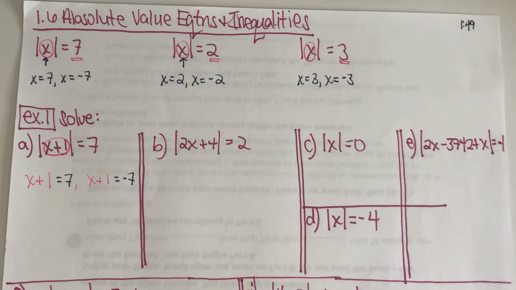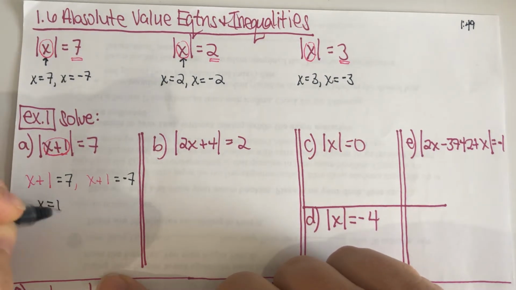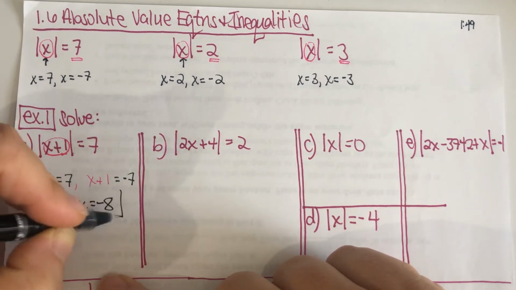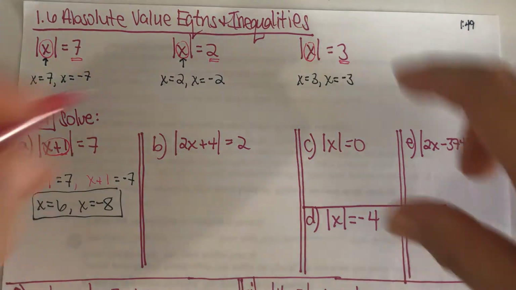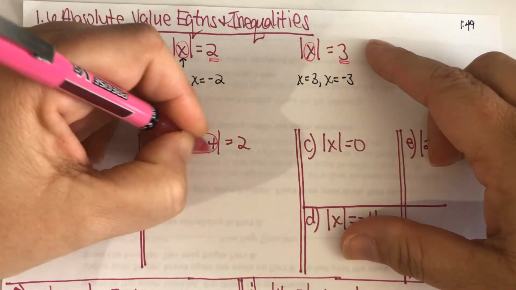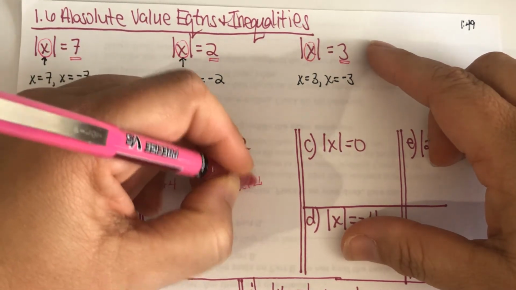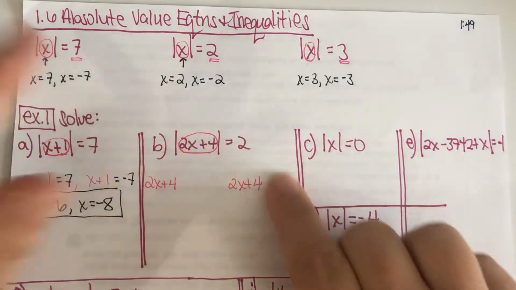Okay, so that's the first step, and that's really the only step that requires much thought, because from here I'm just going to subtract 1 from both sides, yeah? And subtract 1 from both sides, and then I'm done. So just like up here I get 2 answers, also down here I get 2 answers. So let's do it again. The thing inside the absolute value is equal to positive and negative of the number, right?